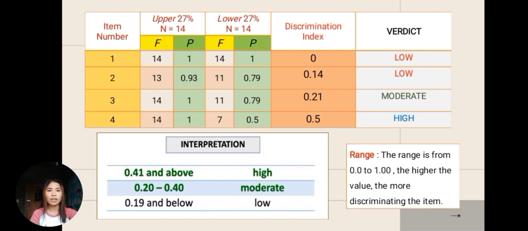In item 3, we have a discrimination index of 0.21, therefore it lies in the moderate section. And in item 4, we have 0.5. Since 0.5 lies in the 0.41 and above section, it is a high discrimination index value.